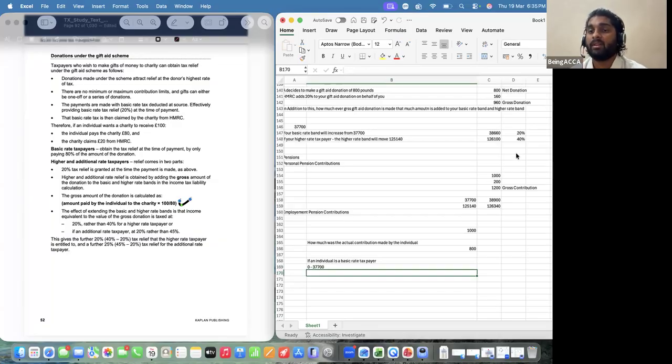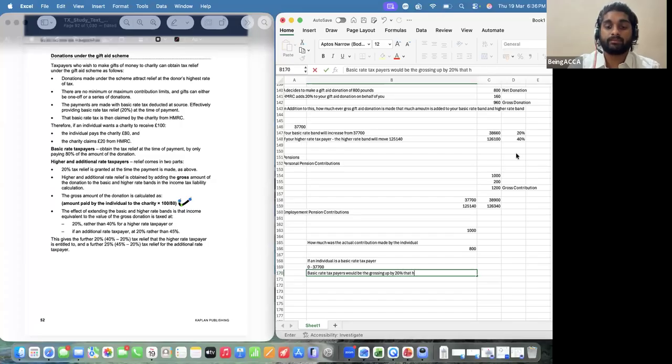No, there isn't any, because his income is already falling under the threshold of 37,700. So he'll anyway be taxed at 20%. So the only benefit for basic rate taxpayers would be the grossing up by 20% that happens.